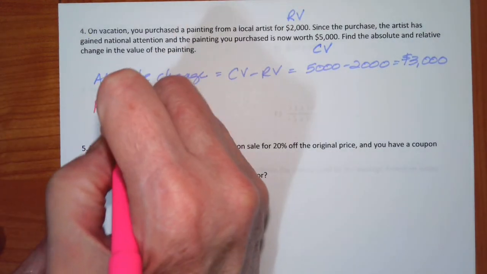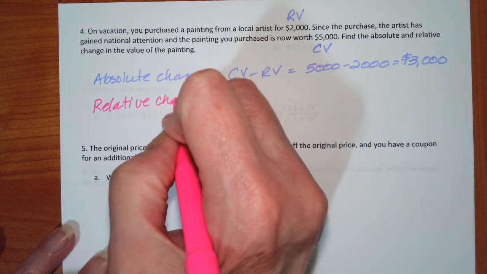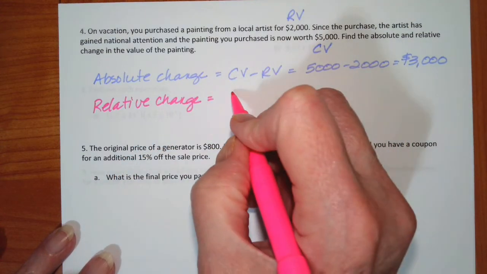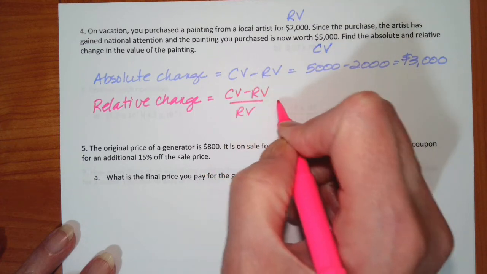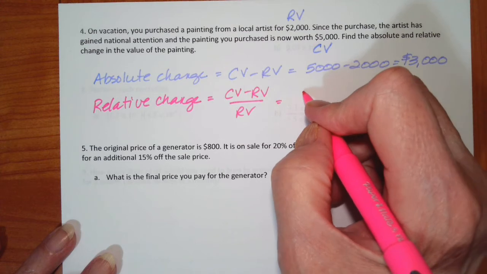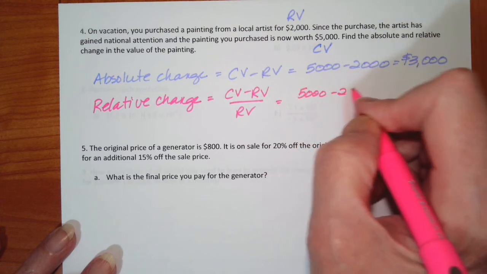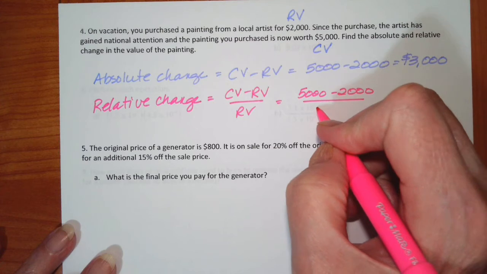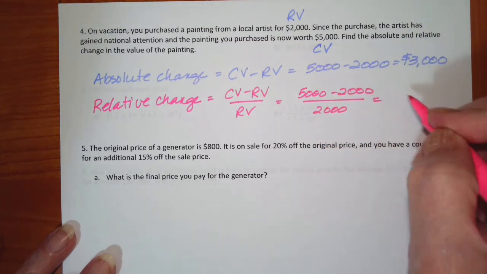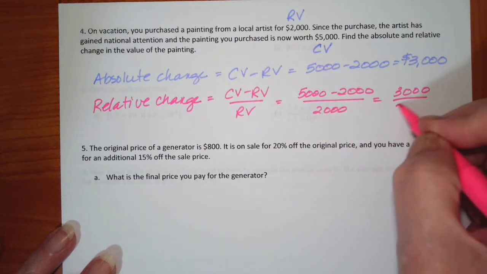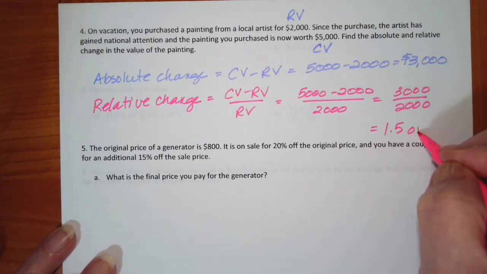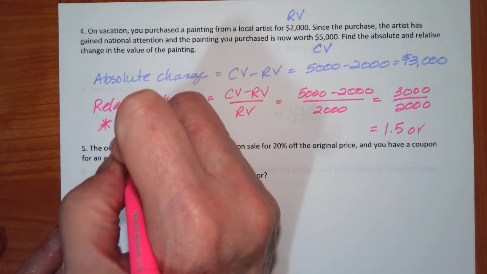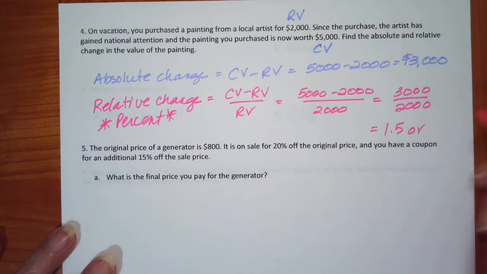So our relative change now is our compared value minus our reference value divided by our reference value, which is 5,000 minus 2,000 divided by 2,000. 3,000 divided by 2,000 gives us 1.5, but of course we have to turn this into a percent, which is 150%.